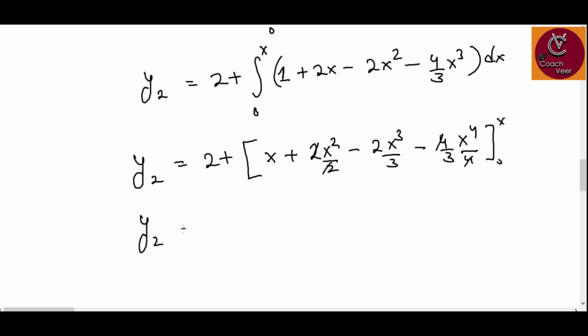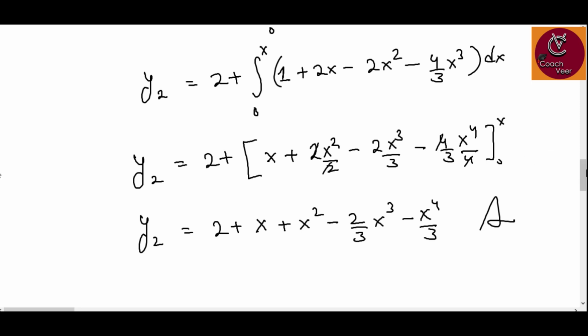So we get 2 plus this, which will surely give you x, because putting 0 in all of them is just 0, so it does not make sense to write it again. Let's write the x part: x square, negative 2 by 3 x cube, negative x to the power 4 by 3. That's our second approximation. Hope it is clear to you how we can generate the second approximation.